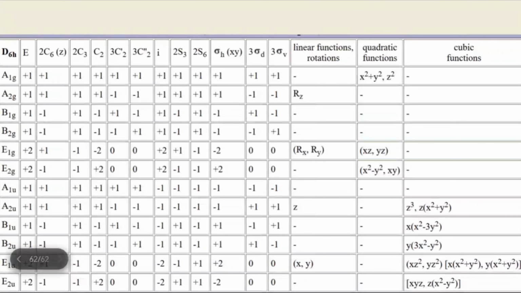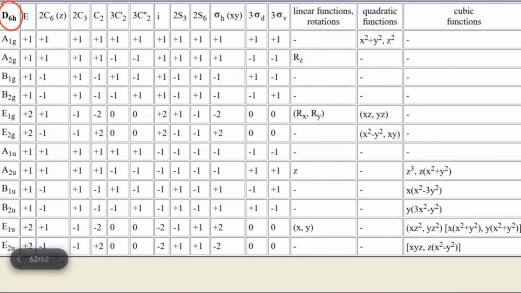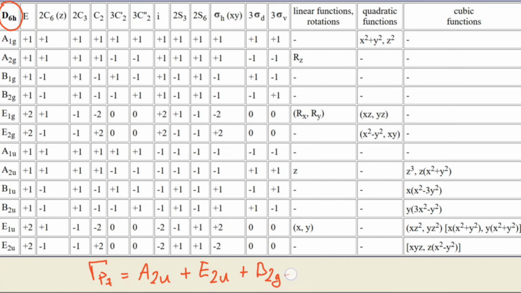And here I have the point group table for the D6. And we have to find the correct reducible representation, or I can write maybe RPZ. Okay. And I will give you the answer very fast. The answer is A2U plus E2U plus B2G plus E1G.